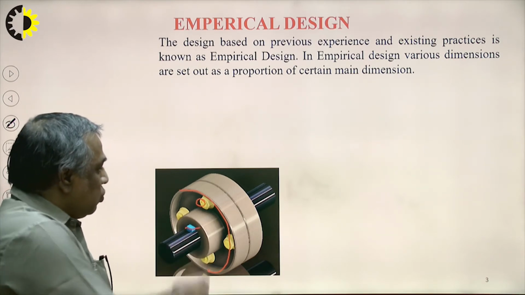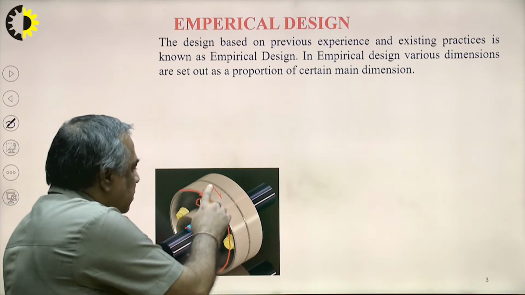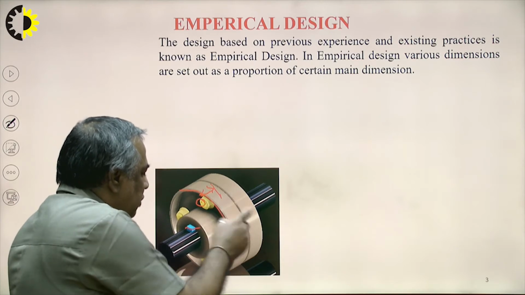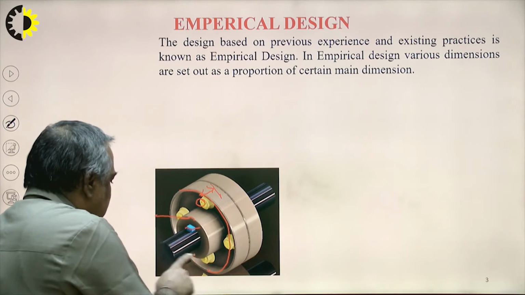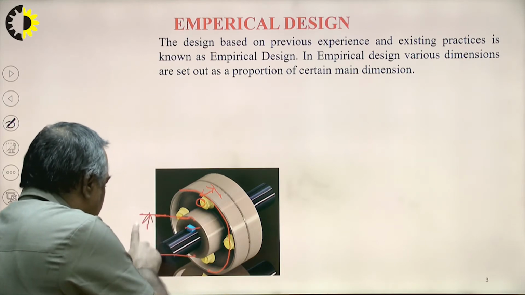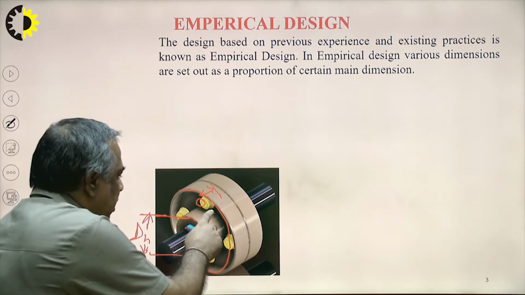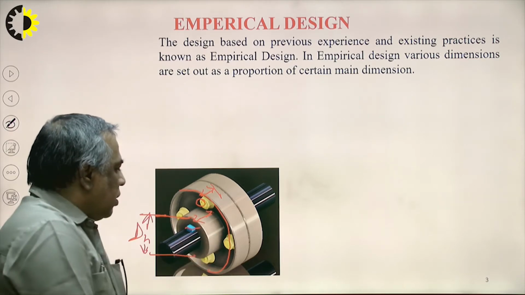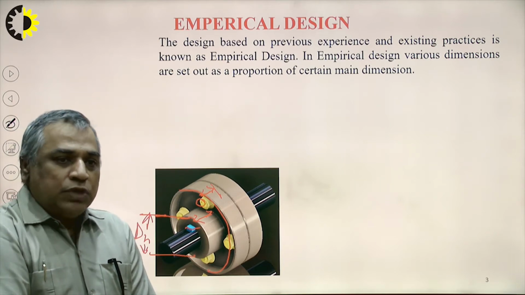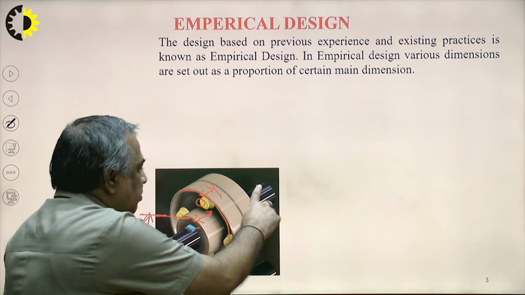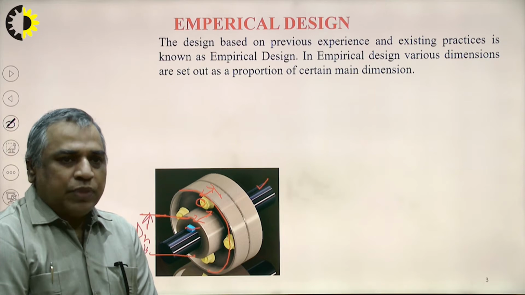So the thickness, the dimension of the rigid flange coupling, the hub diameter DH, or the hub length, and then inside the recess portion, will be decided on the basis of the shaft diameter. The shaft is the critical element in this assembly.